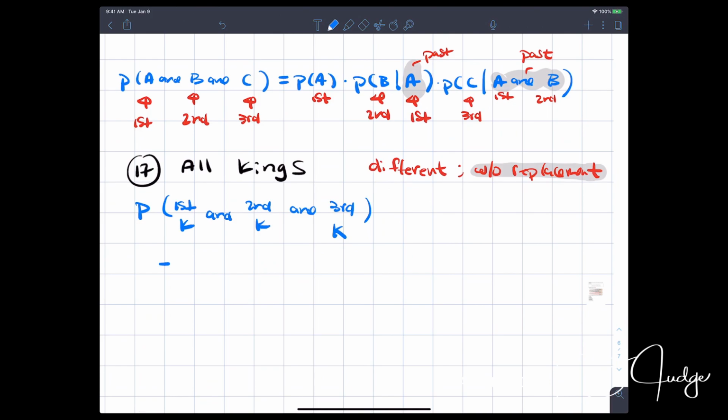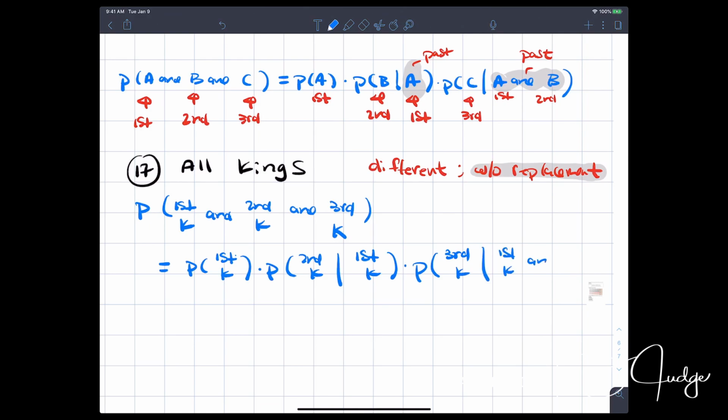So this means the probability the first is a king times the probability the second is a king given the first is a king times the probability the third is a king given the first is a king and the second's a king.